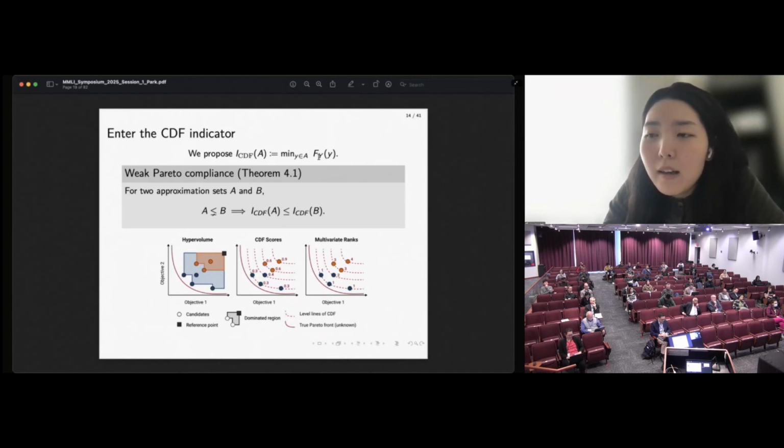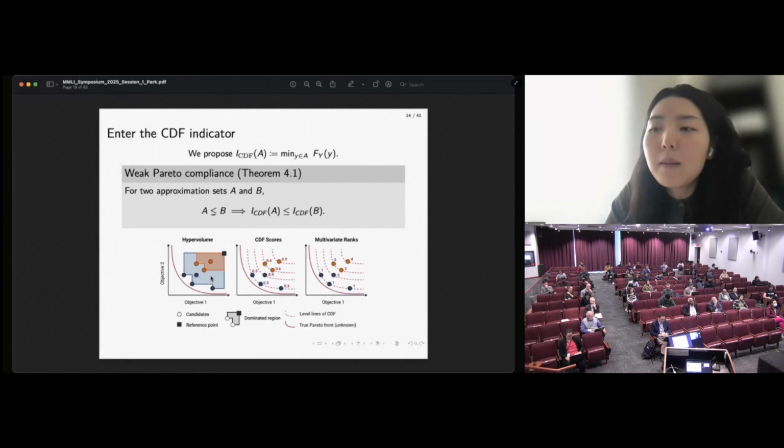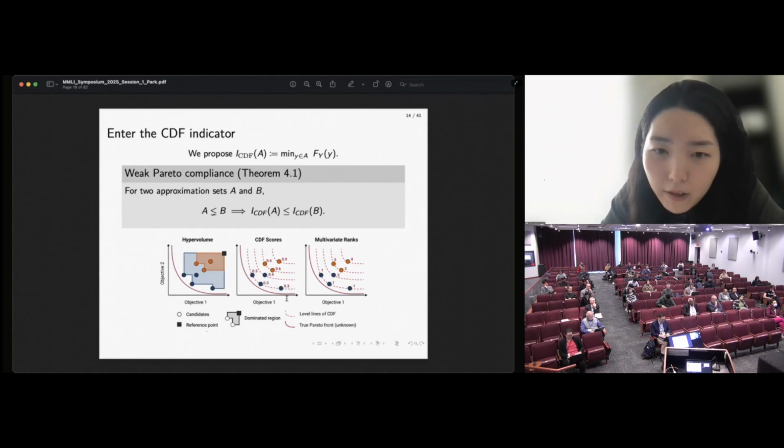So say for intuition, A is the set of blue points and B is the set of orange points. If we compare A and B with the hypervolume indicator, the blue shaded area is greater than the orange. So we conclude A is better than B. Similarly, if we compare using the CDF indicator, the minimum CDF evaluated at the blue points, which is 0.3, is less than the minimum CDF of the orange, which is 0.6.